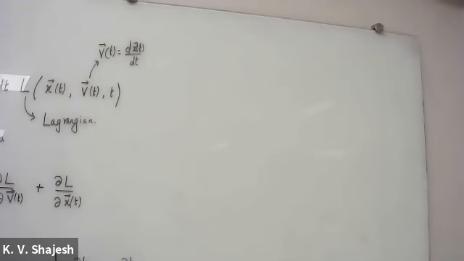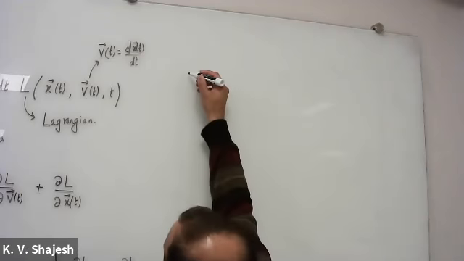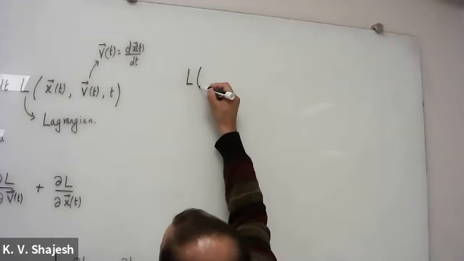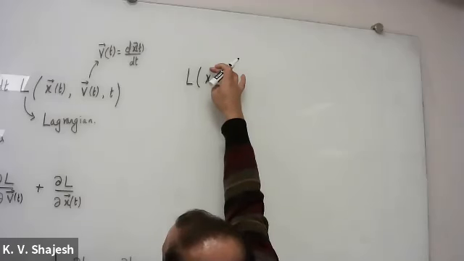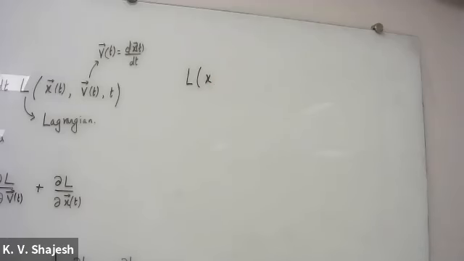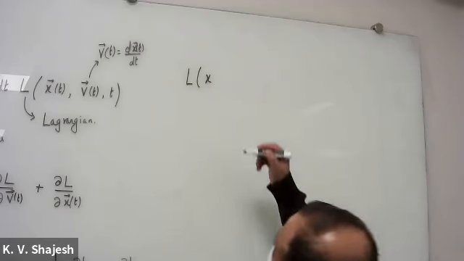So the point is that the Lagrangian depends on the position x. Let me, for now, suppress the vectorial dependence there, just for simplicity.